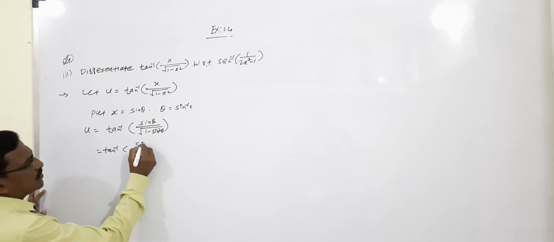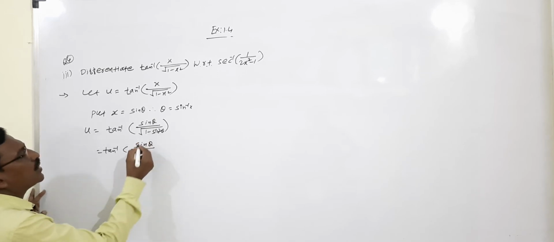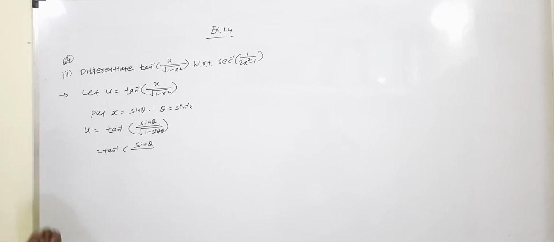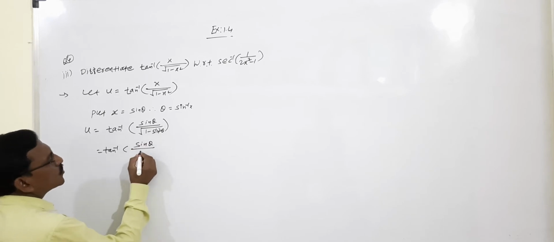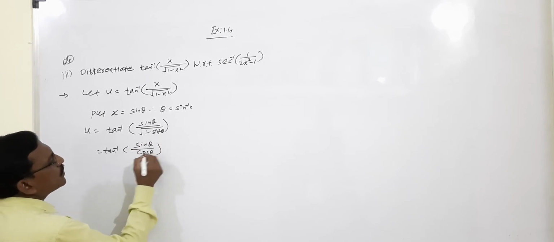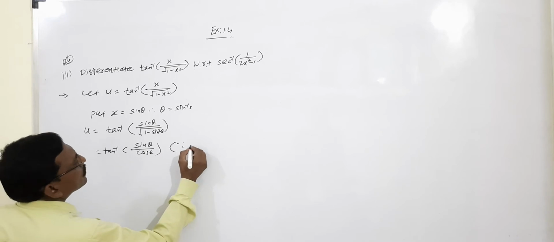It is sin theta divided by root of 1 minus sin square theta. By using the first identity, it is cos square theta, and root of cos square theta is cos theta only.